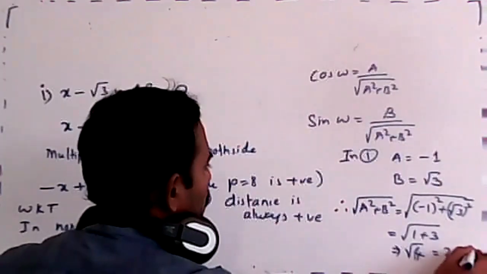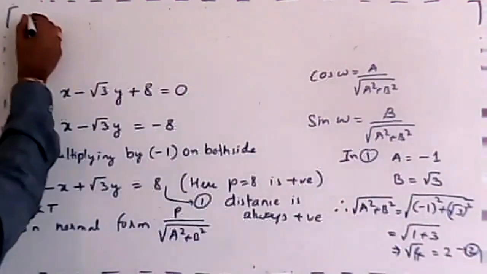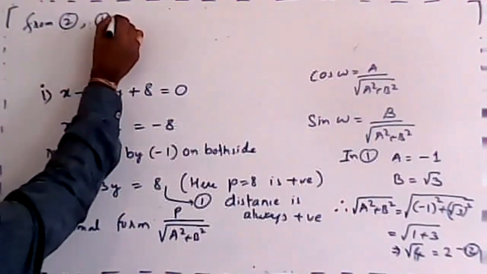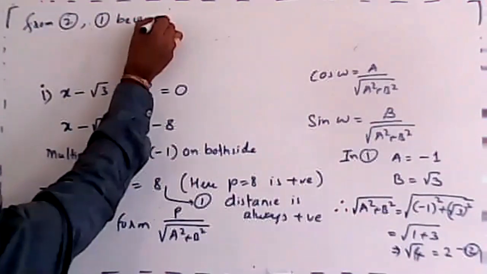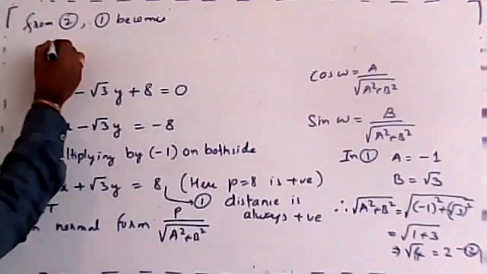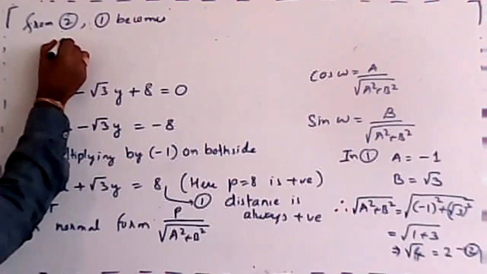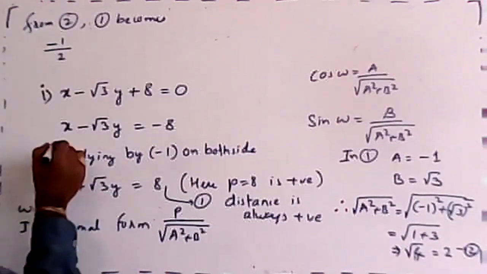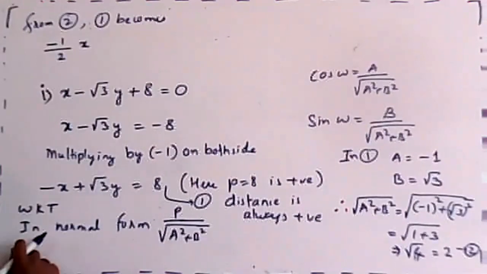This is the second one I'm telling. From 2, it looks like this: minus 1 divided by 2 into x, correct?